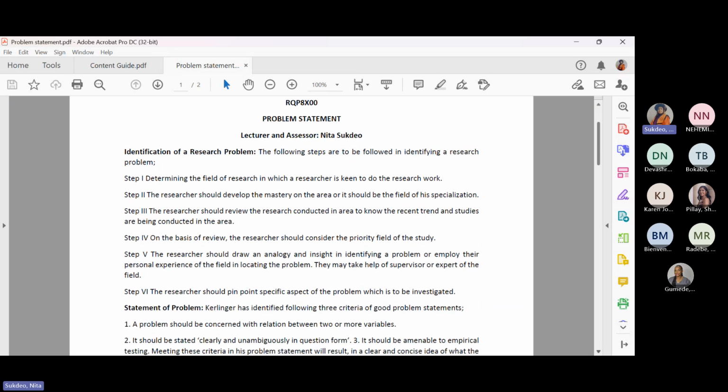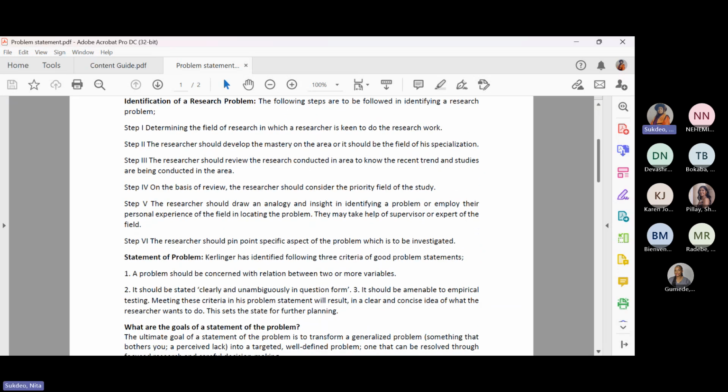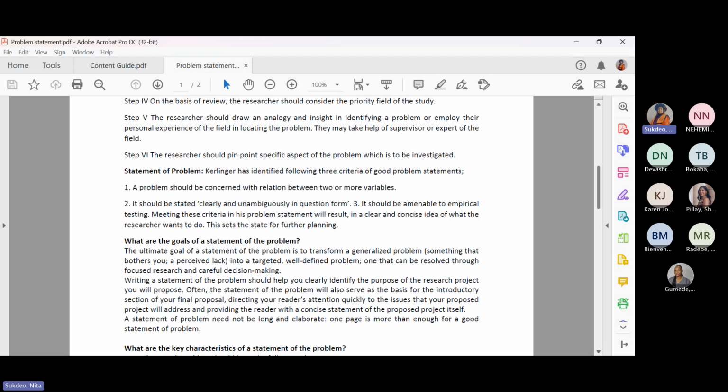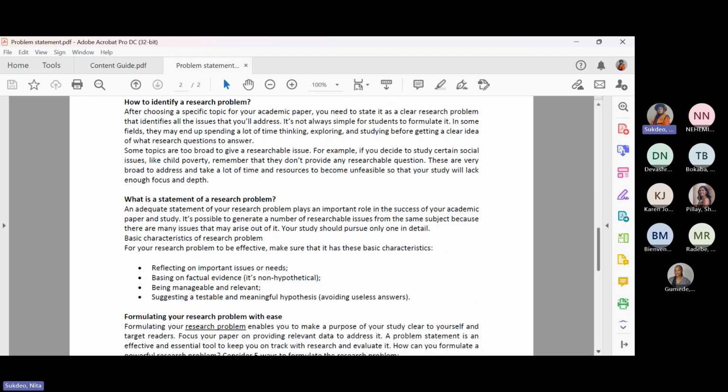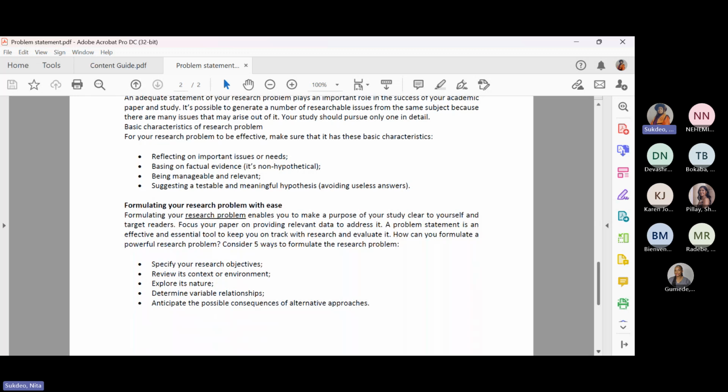I broke it down for them, each step, what needs to be done. I actually have a group session with the masters and PhDs and go through this. With the honors students, it's a class on its own: topic, problem statement, and then introduction.